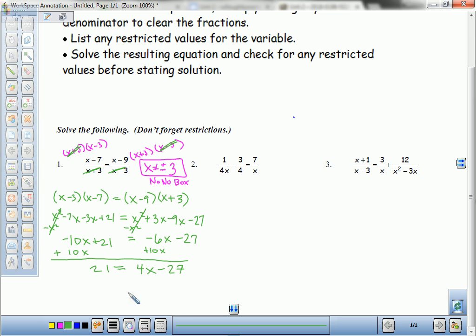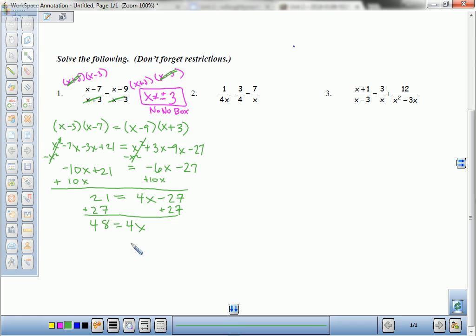And then I would move my numbers to the other side. And so I get 48 equals 4x. And what's my last step? Divide by 4. So we get 12 equals x.